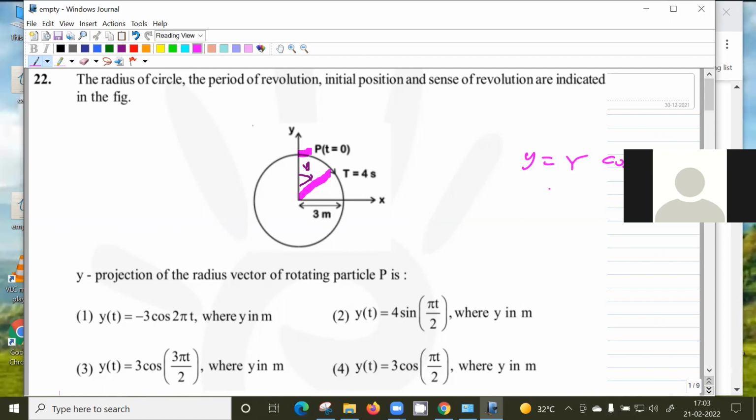And what is theta? Omega t, right? And omega is what? 2π by T, 2π by 4. Cos, and r is what? 3. So this is the answer.